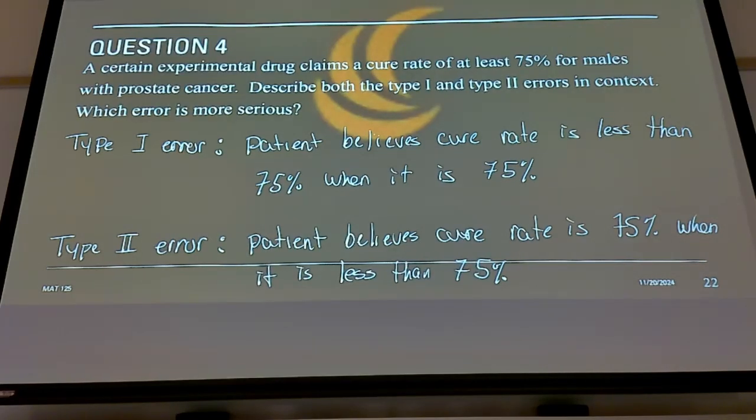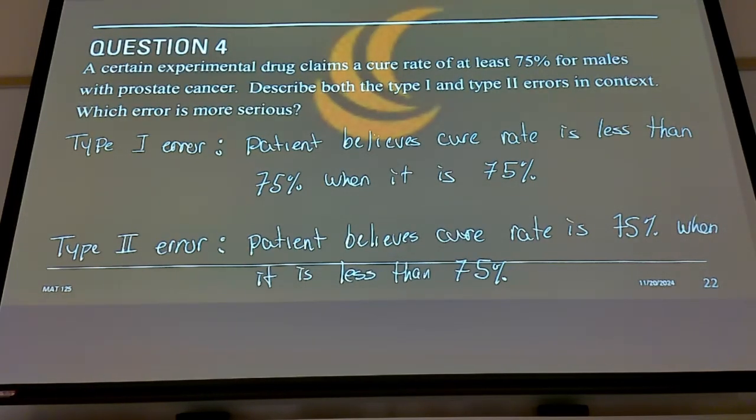So that's more serious. You take a drug and you believe that the cure rate is less than it actually is. That's actually really good. That means you have a better chance than what you believe. Type 2 in this case would be you have a smaller chance than you believe. It'd be like you go in for surgery believing it's a 99% survival, and it's actually a 20% survival.